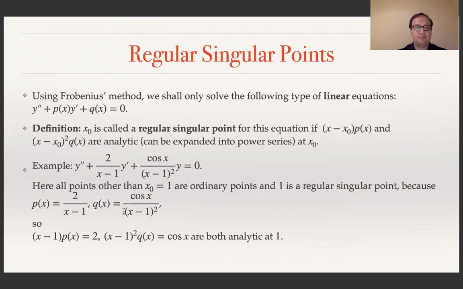And then by the definition of a regular singular point, we have to check whether (x minus 1) p of x is an analytic function, and (x minus 1) squared q of x is an analytic function. And (x minus 1) p of x is just 2, and (x minus 1) squared q of x is cosine of x. Both 2 and cosine of x are analytic functions, including at 1. So this means that 1 is a regular singular point.